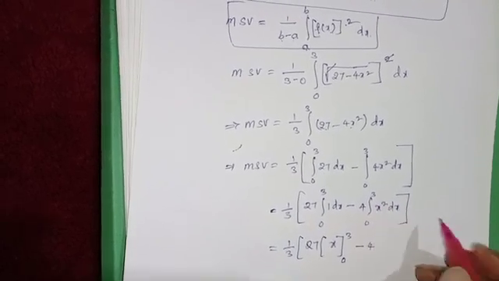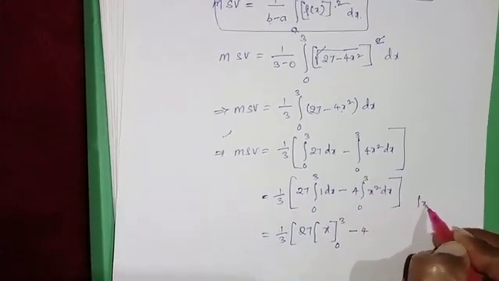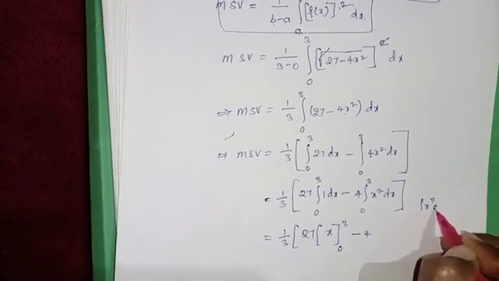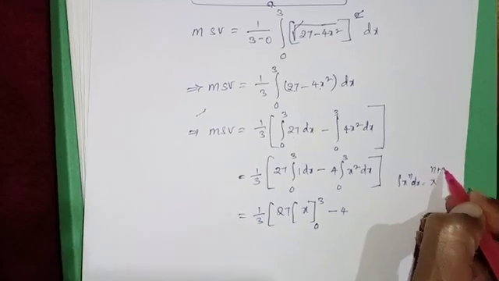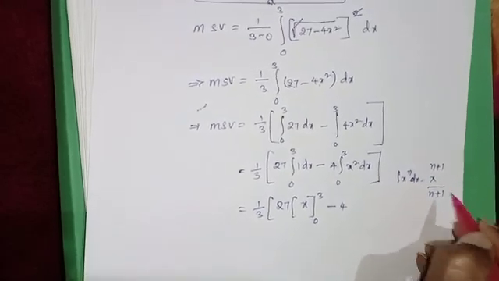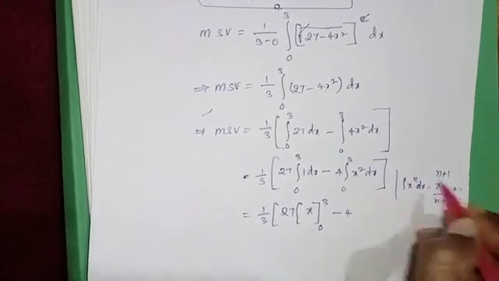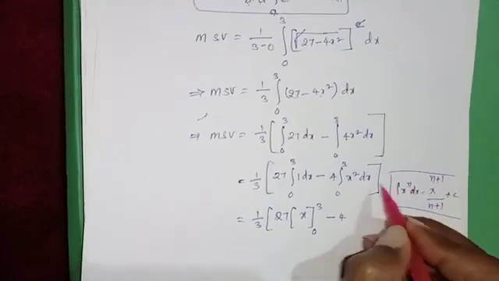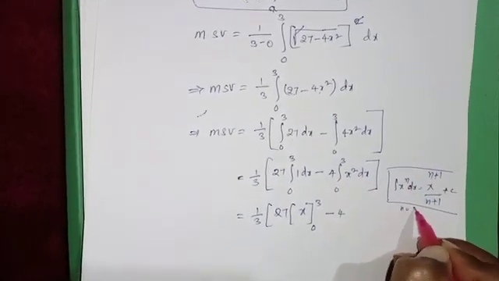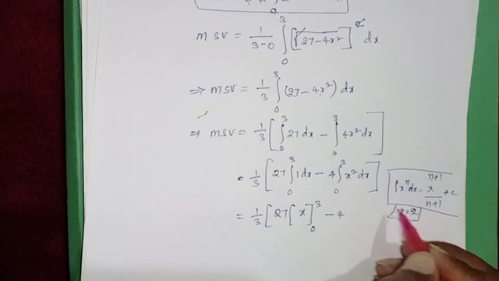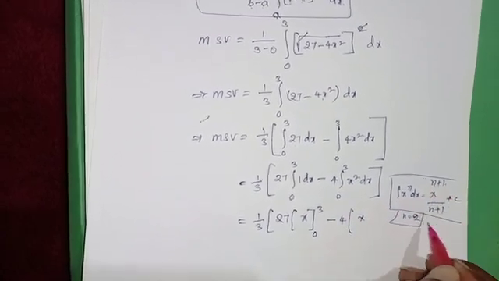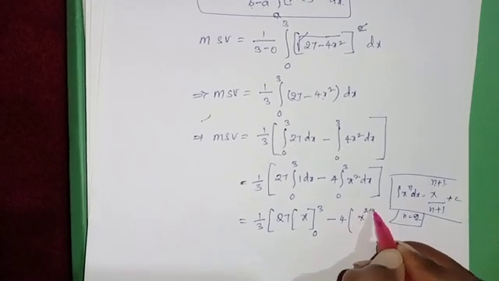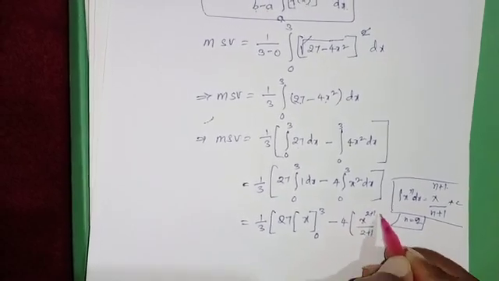integral of x square dx. The integral of x to the power of n dx is equal to x to the power of n plus 1 by n plus 1 plus c. This is the formula. If we compare these two, here n is equal to 2. So x to the power of n plus 1, but n is equal to 2, so 2 plus 1 upon 2 plus 1.